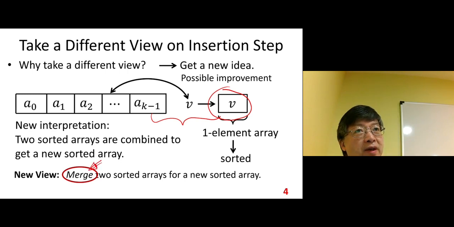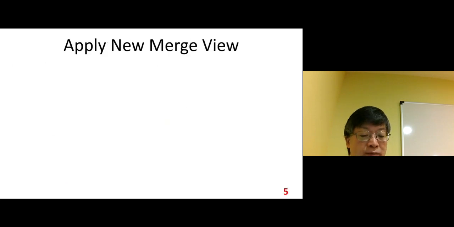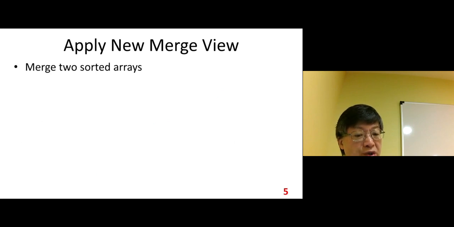We use this word, but we need to consider how we implement it, how we make it happen in our computer algorithm. So we need to do more. Apply the new merge view: merge two sorted arrays this time.